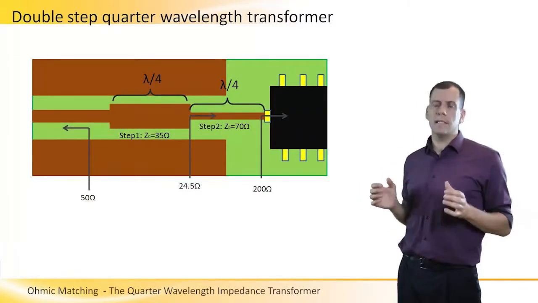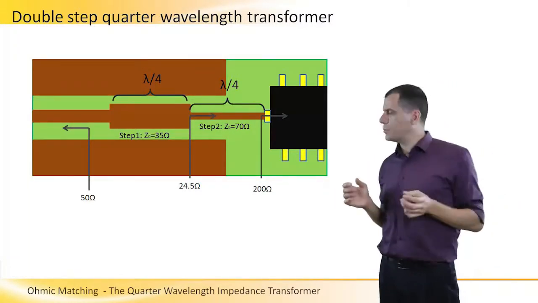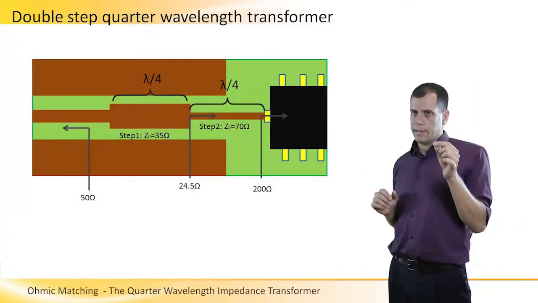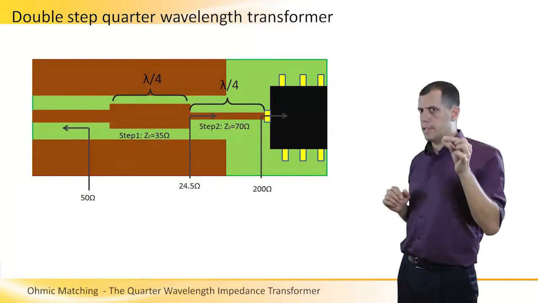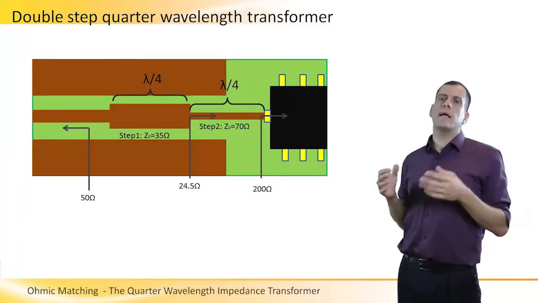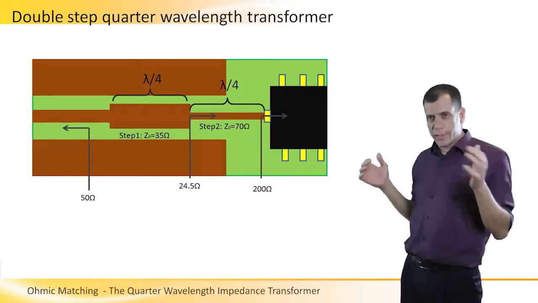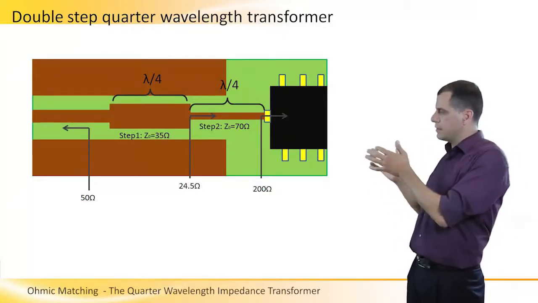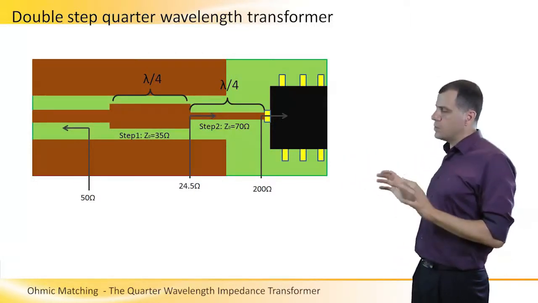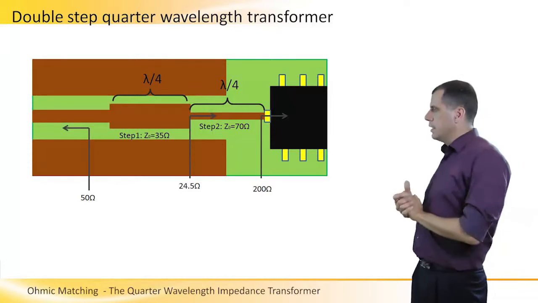We are limited, let's say for this example, by 70 ohm. I want you to remember that the narrower the line is, the higher its impedance. Let's say we cannot design a narrower line than the line whose impedance is 70 ohm. So we are limited by 70 ohm.